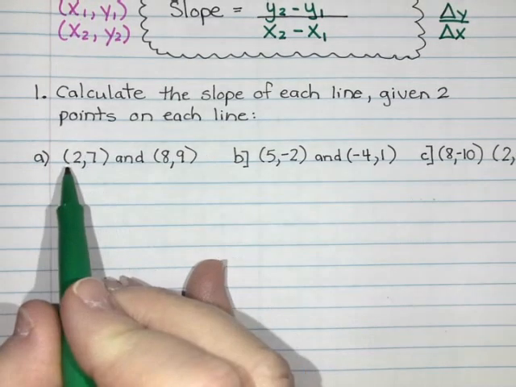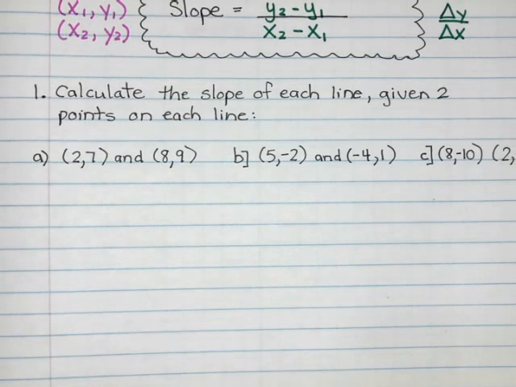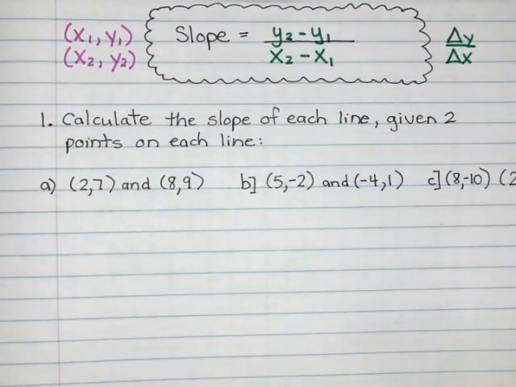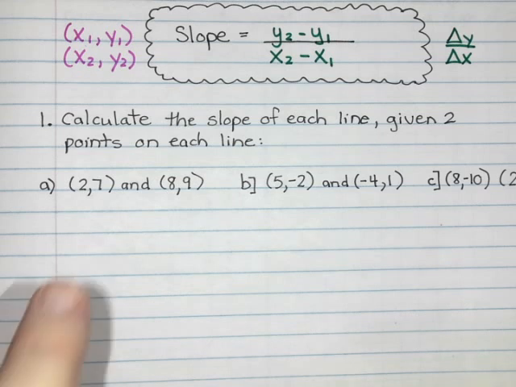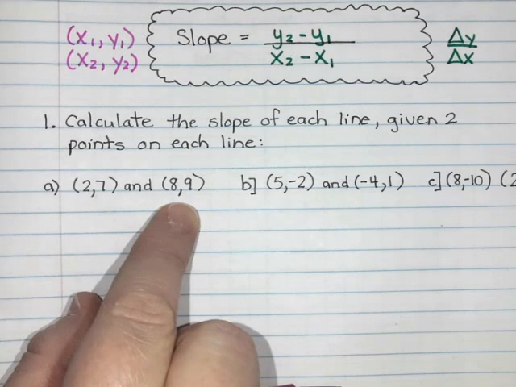So I'm going to start with the point 2, 7 and 8, 9. Before I even start the question, the first thing you want to do is designate which of those 2 points is x1, y1, which one is x2, y2. So I usually like to just let the first point be point 1 and the second point be point 2.